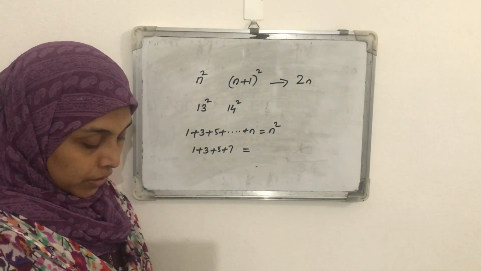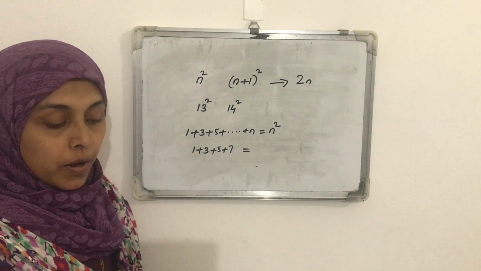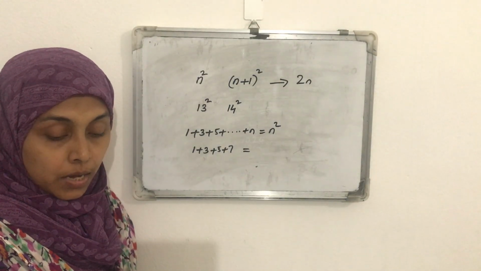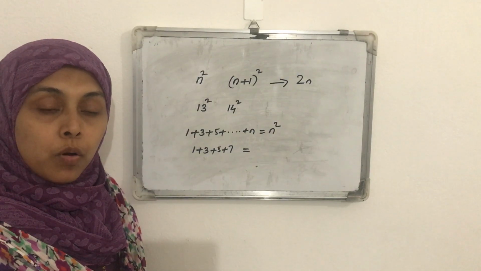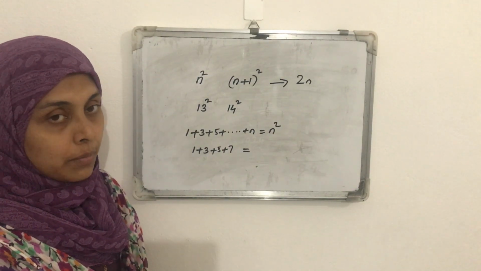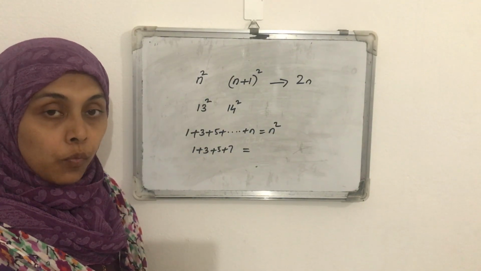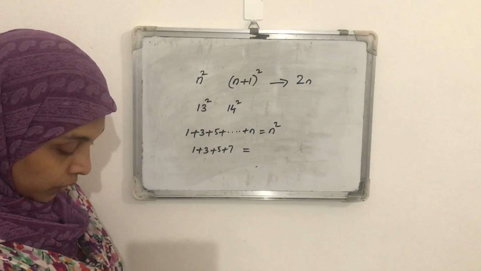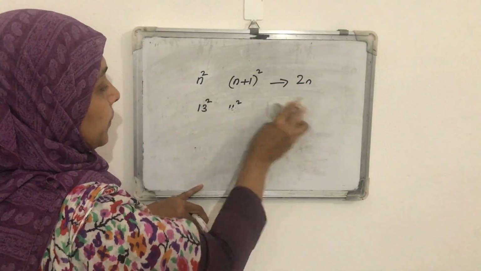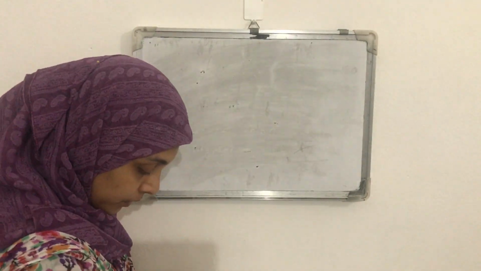Next, another property we discuss. Squares of odd numbers can be expressed as the sum of two consecutive natural numbers. How can we do that?